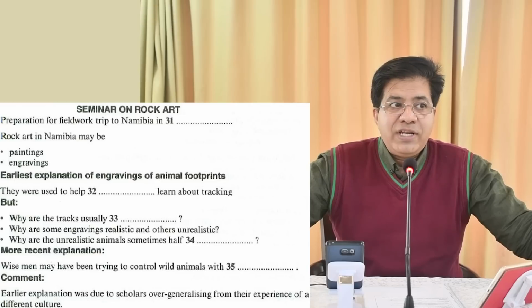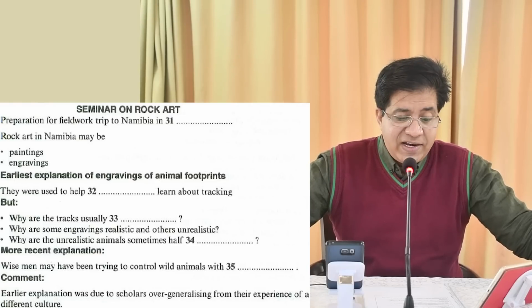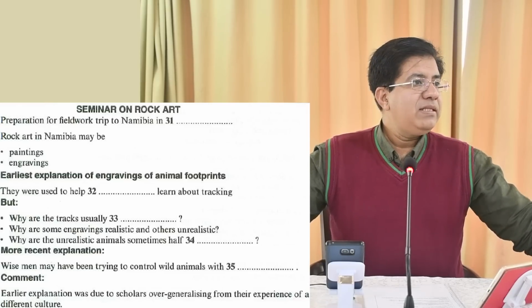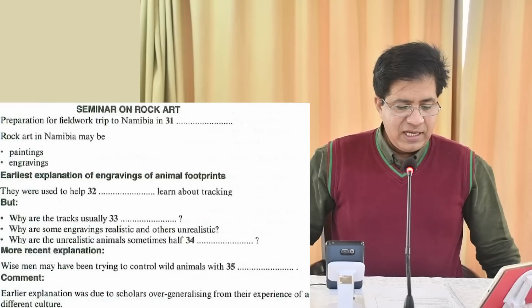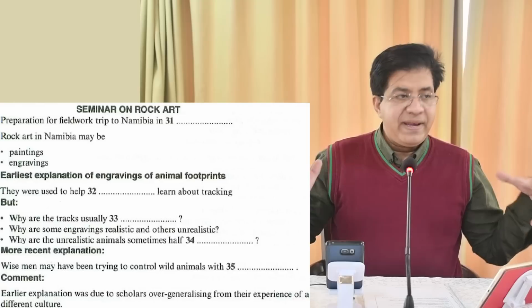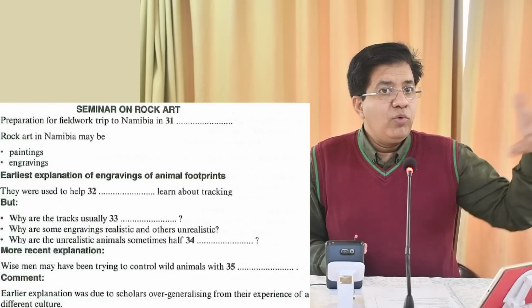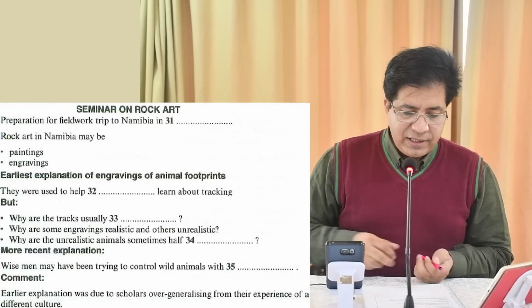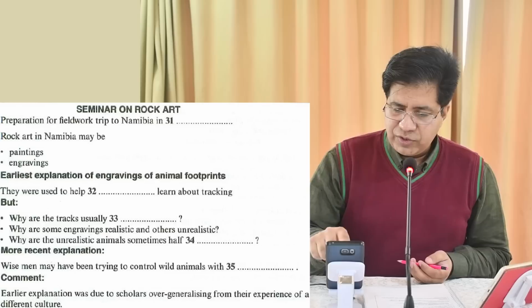I want someone to teach me French. Teach. So underline learn and write there teach. Clear? This is how they paraphrase the things. Now engravings were used to help dash learn. For someone to learn that. Okay, now let's see what is it or who is that person. That will be your answer. Question number 32.